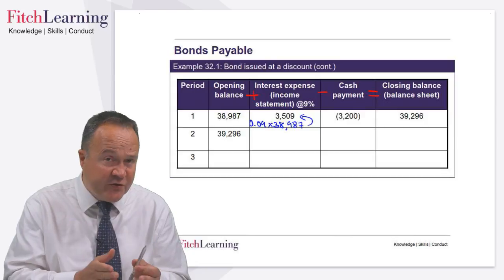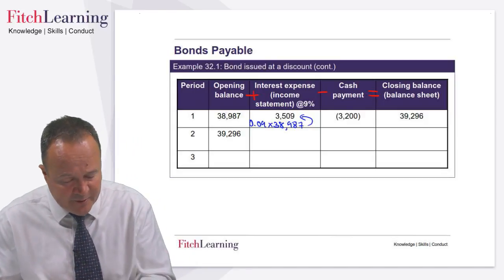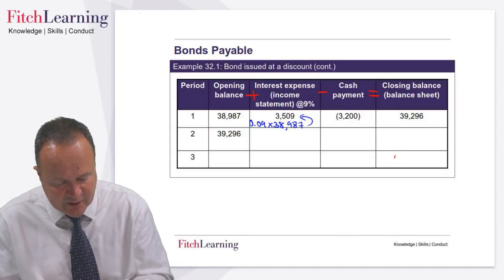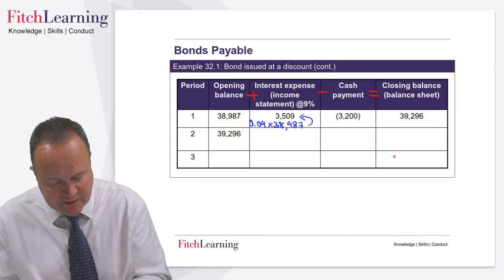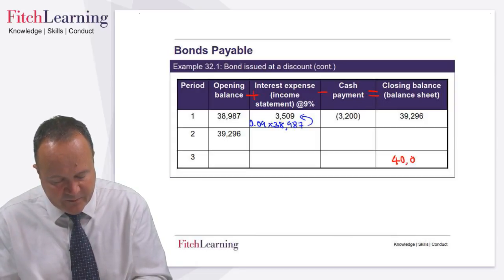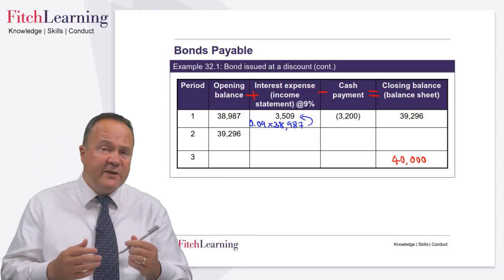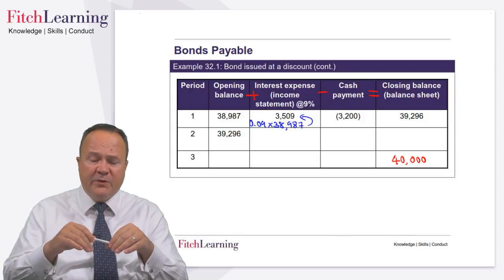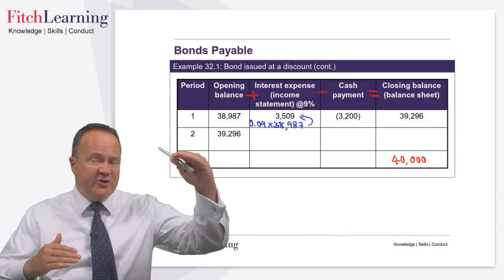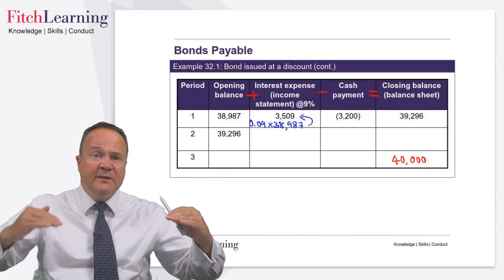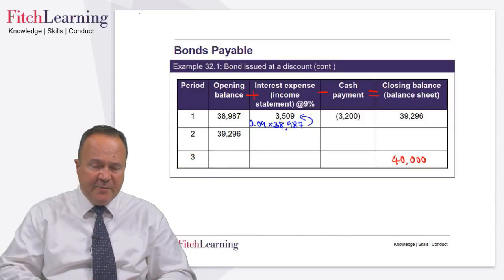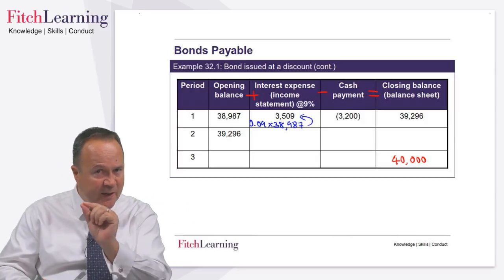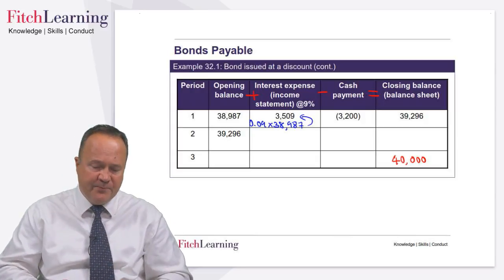So that liability is slowly creeping up. It has to creep up because when we get to the end of year 3, this liability needs to be 40,000, because my last transaction will be to pay back the par value. So my last double entry will be cash down 40, liability down 40. That liability is slowly going to sneak its way up towards 40,000.